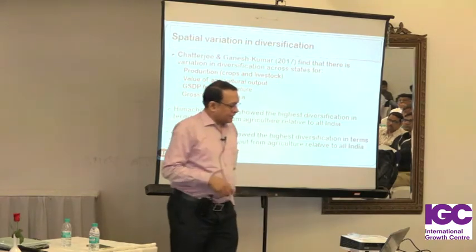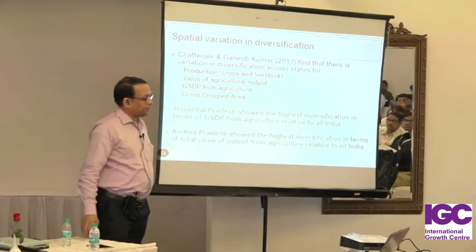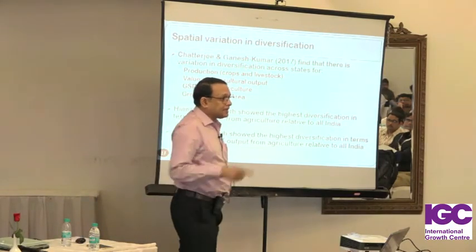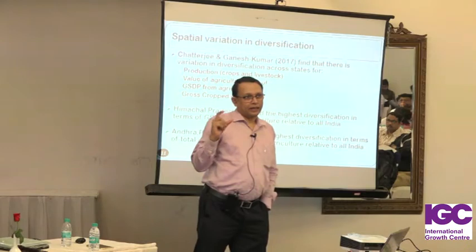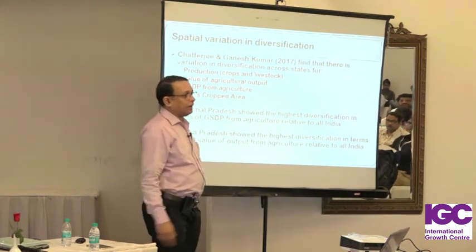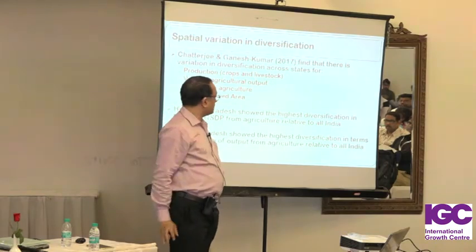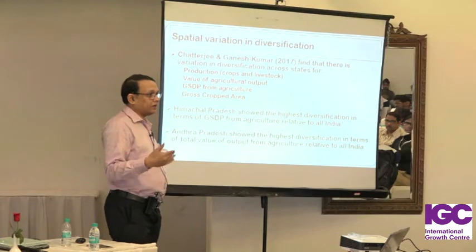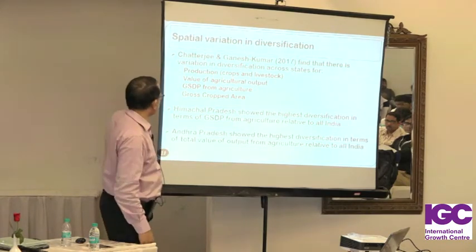So spatial variation is seen in the diversification also, and this has a lot to do with agricultural incomes, both at the macro level in terms of the state's agricultural growth, and at the micro level in terms of the incomes that farmers receive.